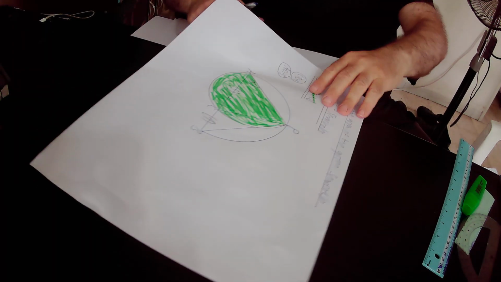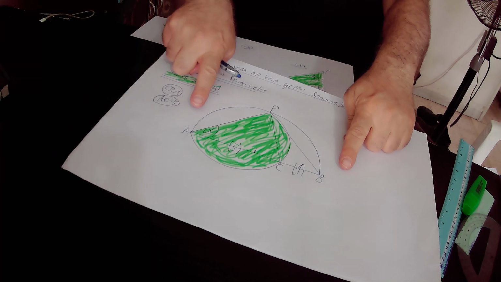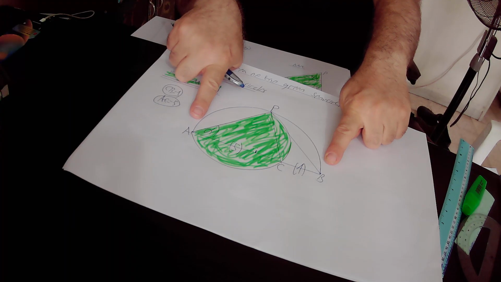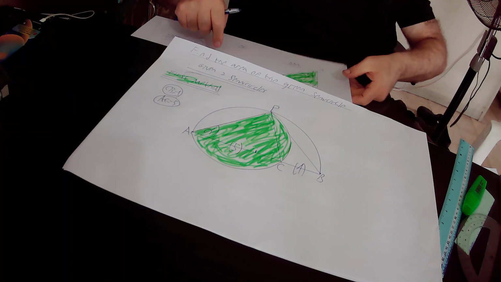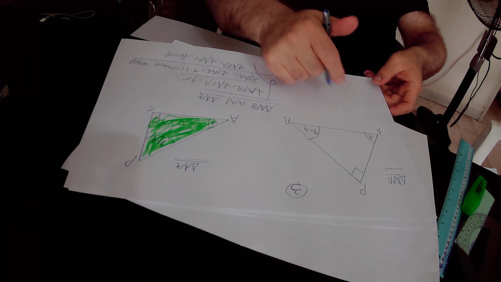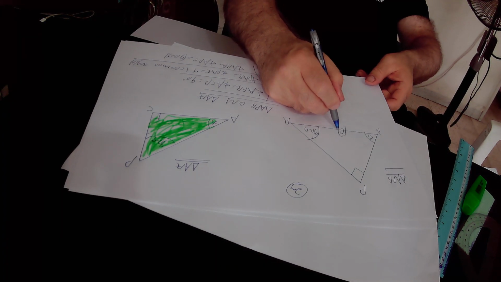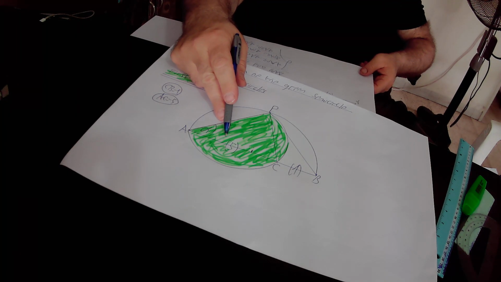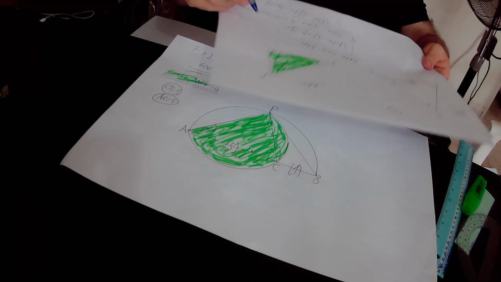From the drawing, it is very easy to see that AB in total equals 5 plus 1, that is 6. And AC equals 5 according to what is given in the question.